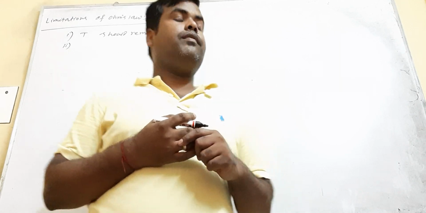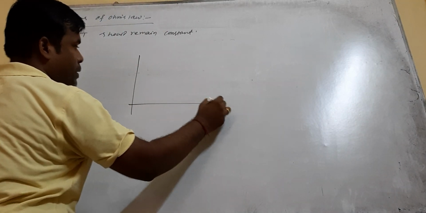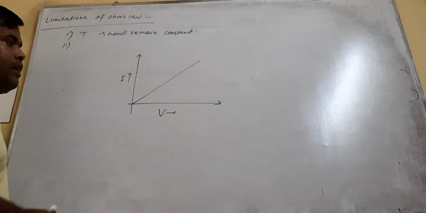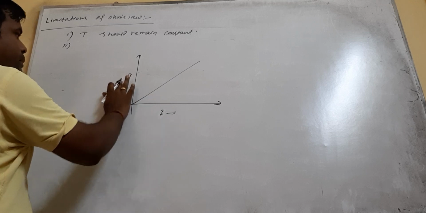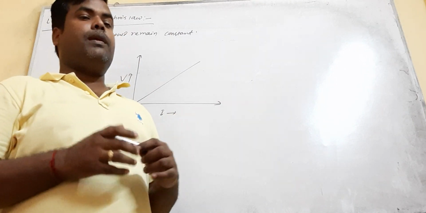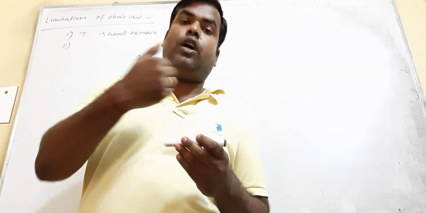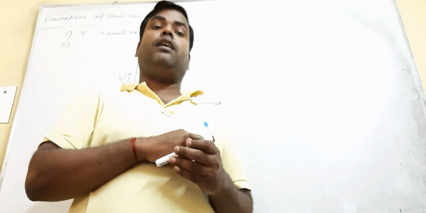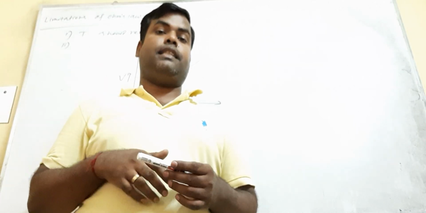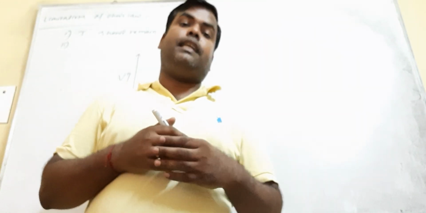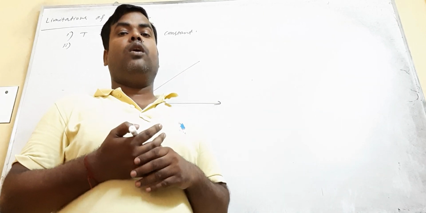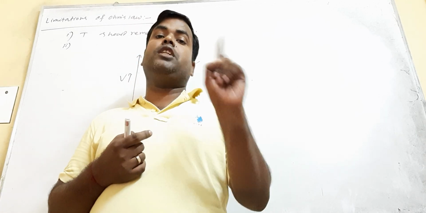That means the graph between V versus I is a straight line. You take I along the x-axis and V along the y-axis, and the graph will be a straight line. But when a high value of current goes through the metallic conductor, the current has a heating effect, and due to the heating effect, the temperature increases. And as temperature increases, the conductor or metal no longer obeys Ohm's law, because Ohm's law is valid only for constant temperature.